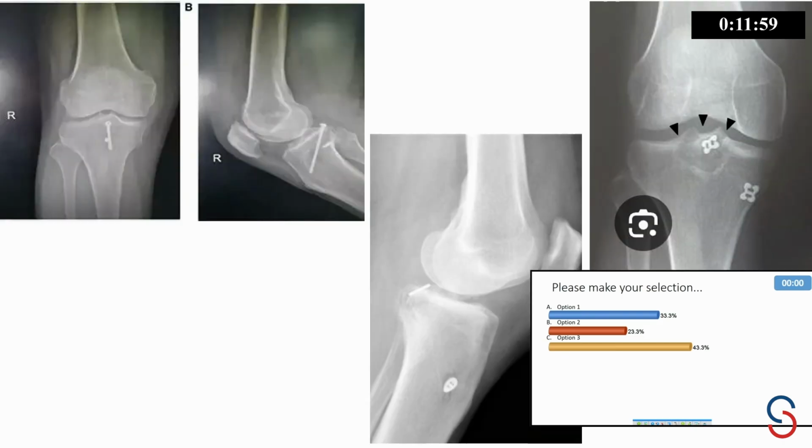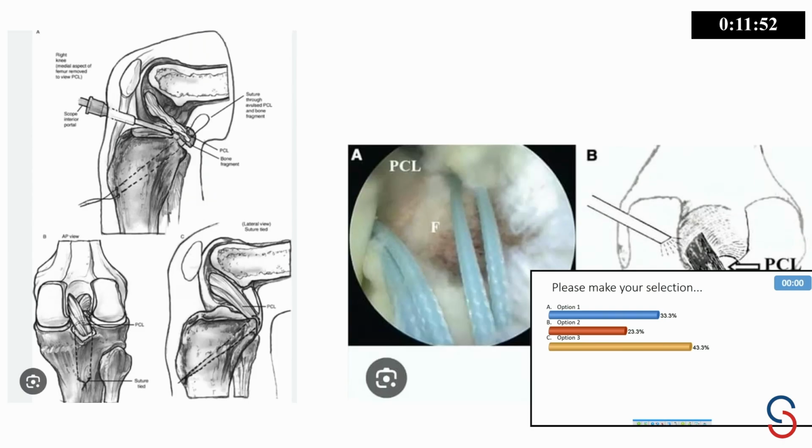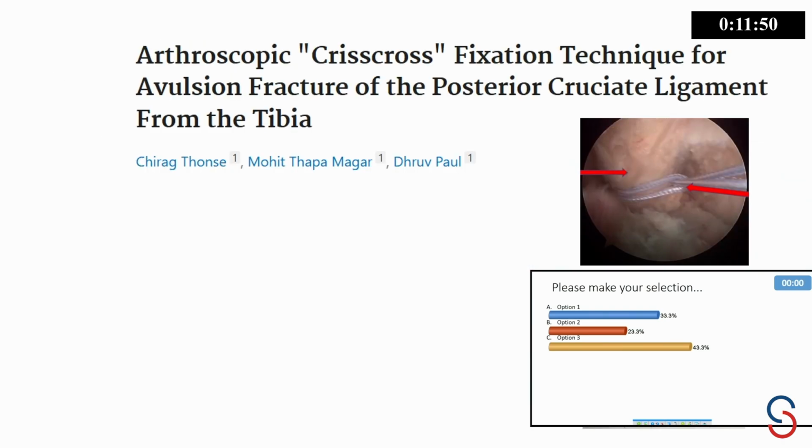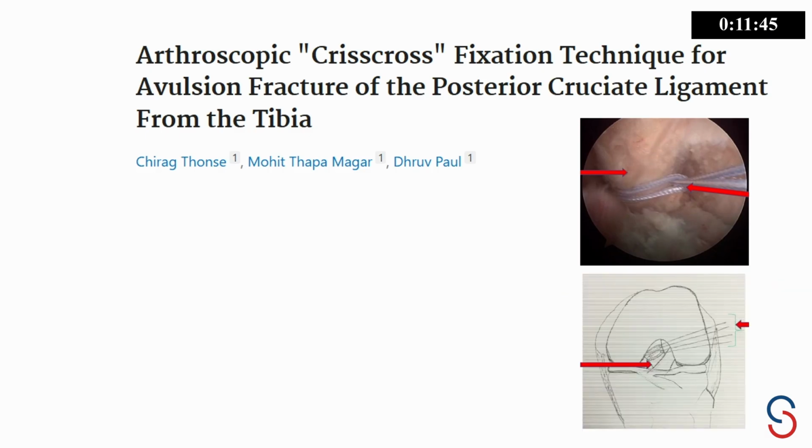Now we have gone through all this curve of screw fixation, with intra-articular metal inside. We have done the suture bridge technique. In fact, we published our own crisscross suture bridge technique 2 years back, which has been replicated by many of my colleagues.